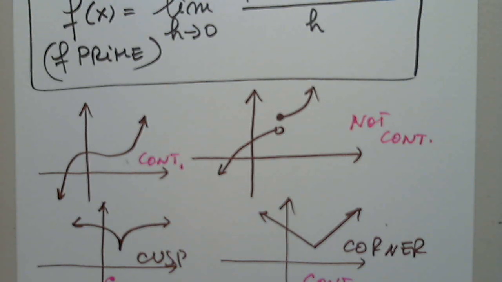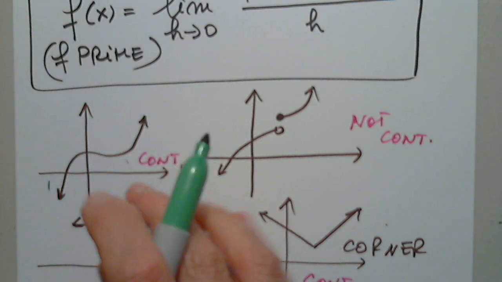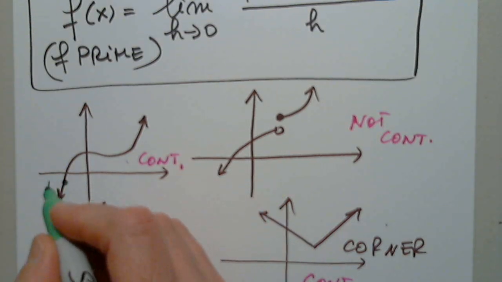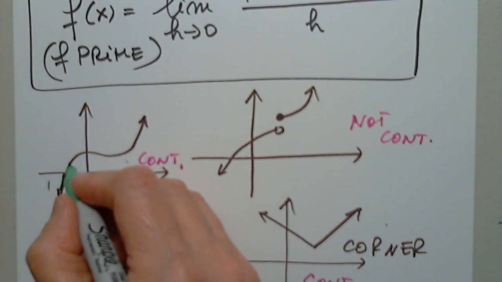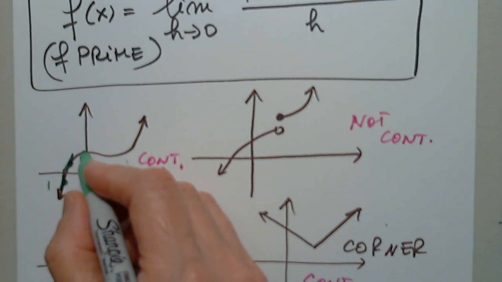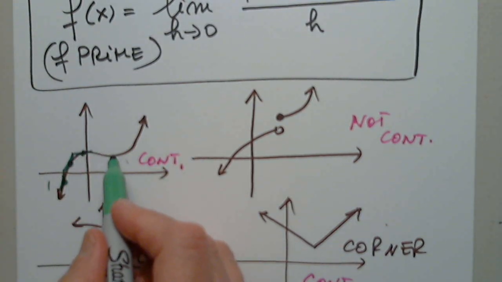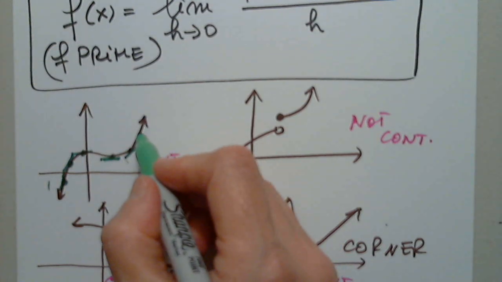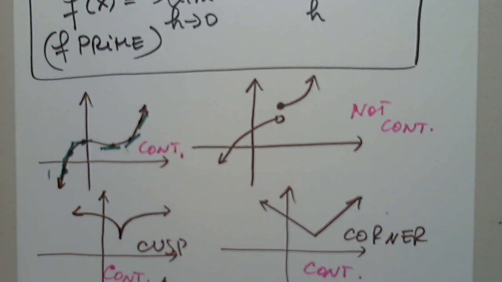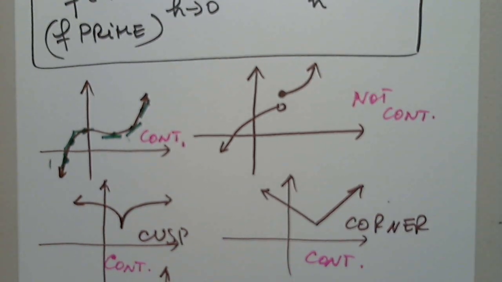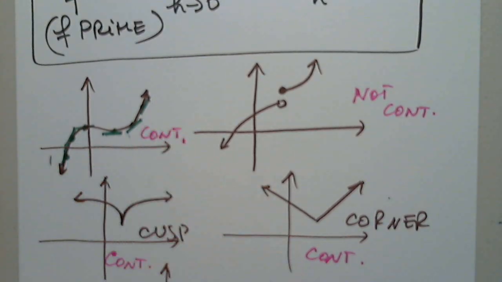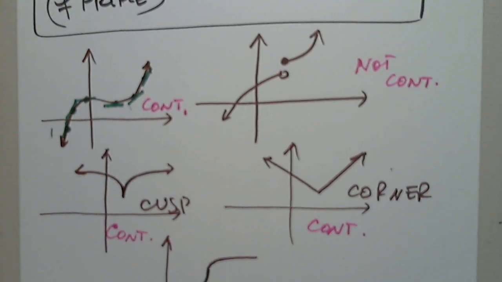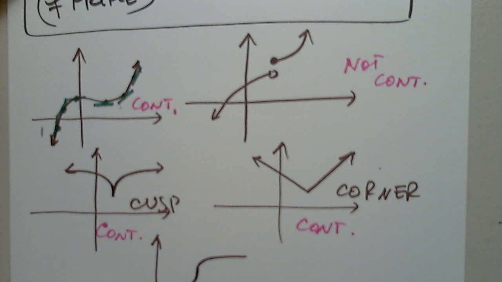Now, on this continuous graph, at any point, can I draw the tangent line? Was I able to draw the tangent line at any point I wanted? Yes? Correct.